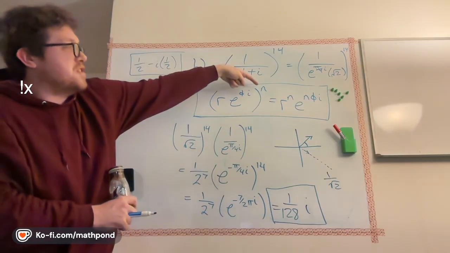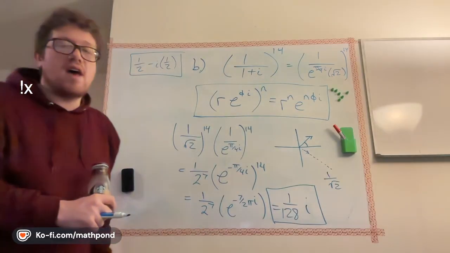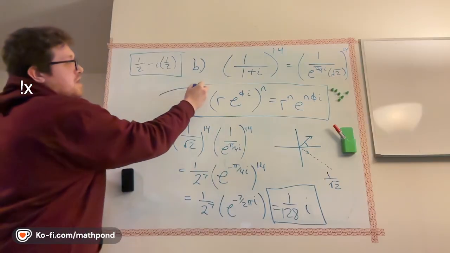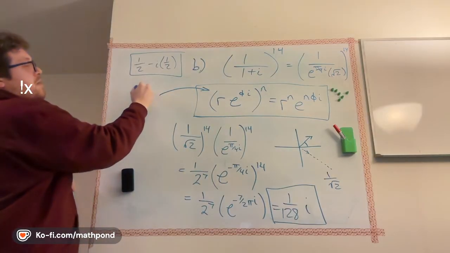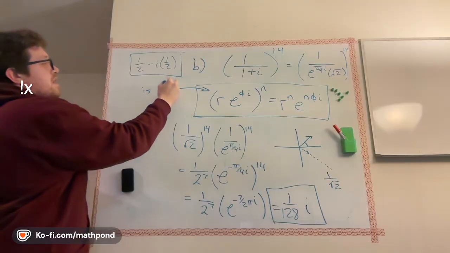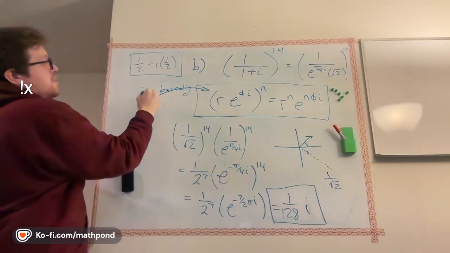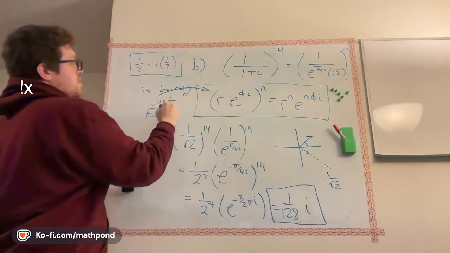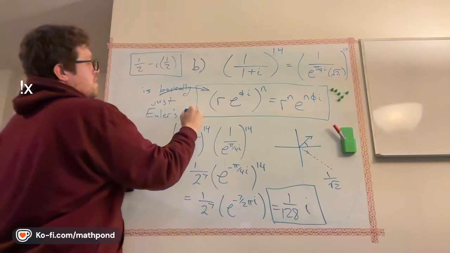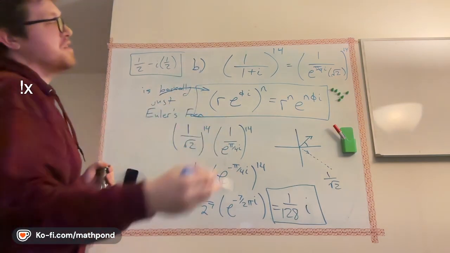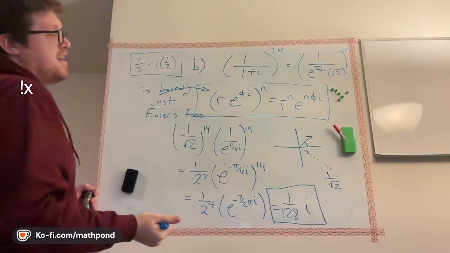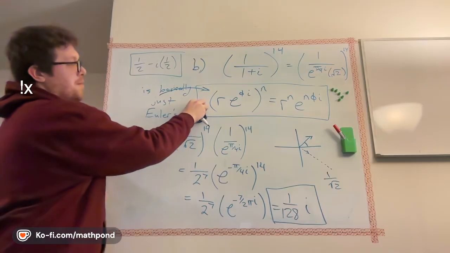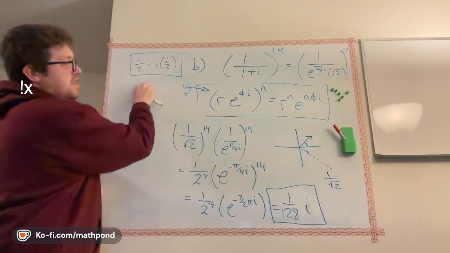I have an exponential to an n, I can just put the n in the exponent. Actually, no, this isn't Euler's formula. What you wrote is Euler's formula. This is just using properties of exponential functions.